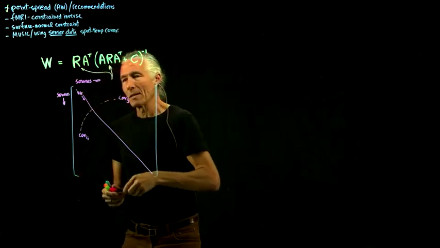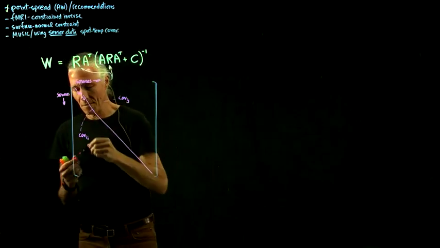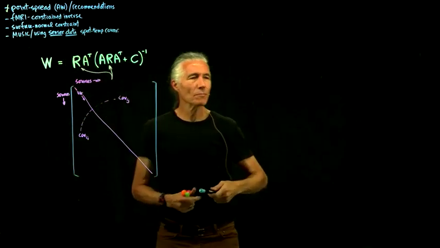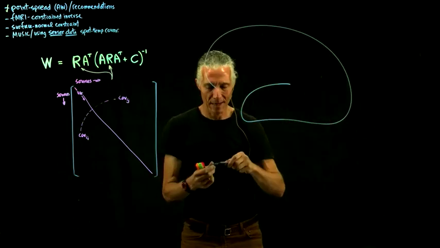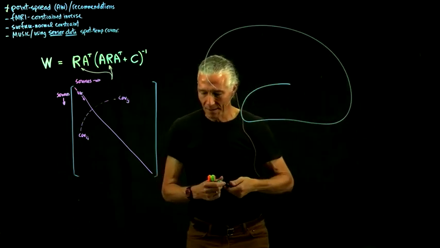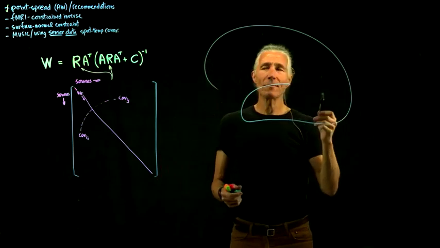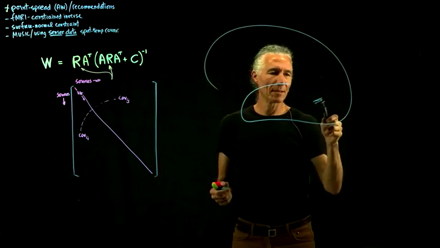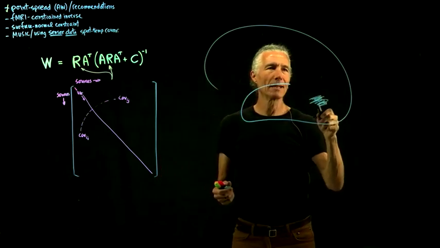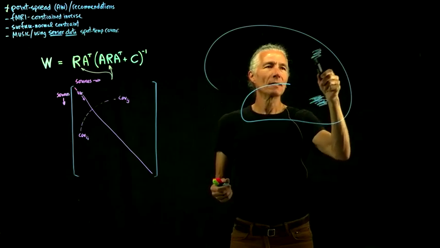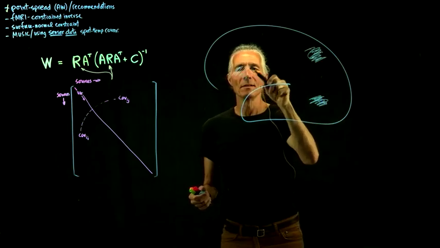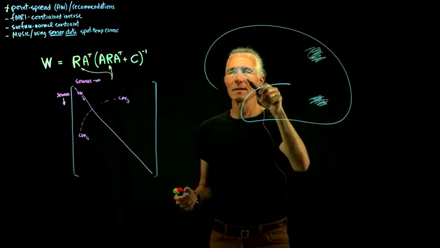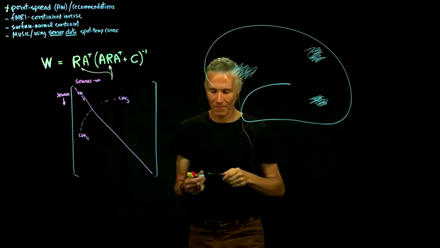So what could you use this for? Well, imagine we've done an fMRI experiment, and say we've got some MT plus data, and maybe some superior parietal data, and maybe dorsolateral prefrontal data, something like that.